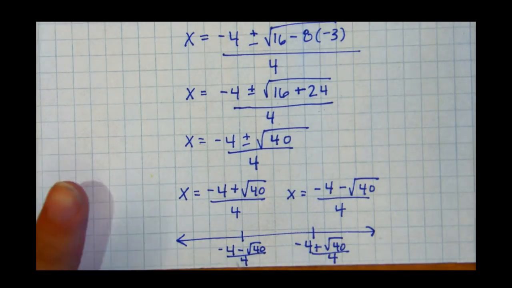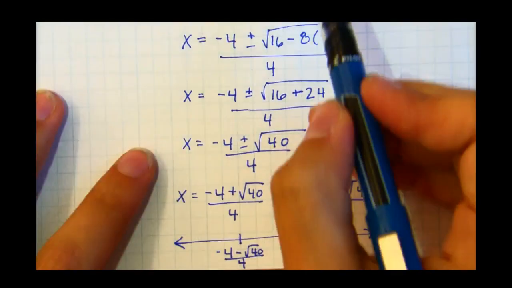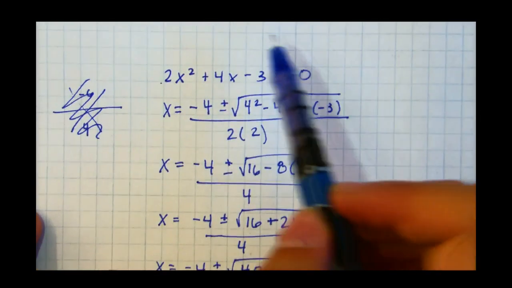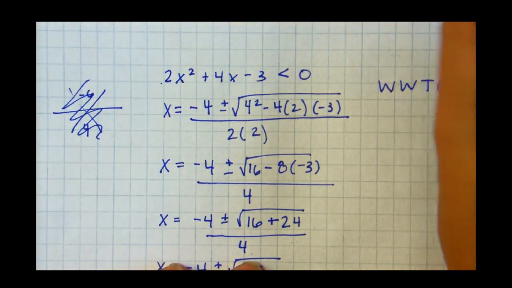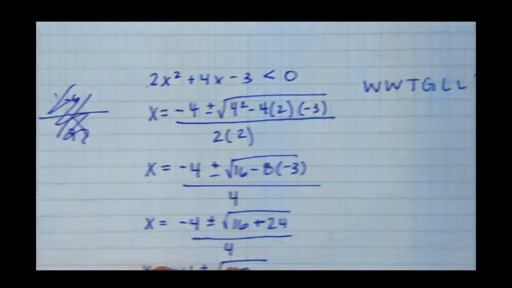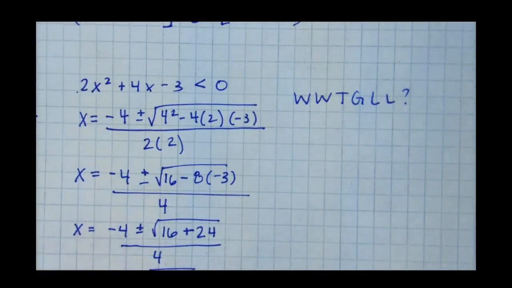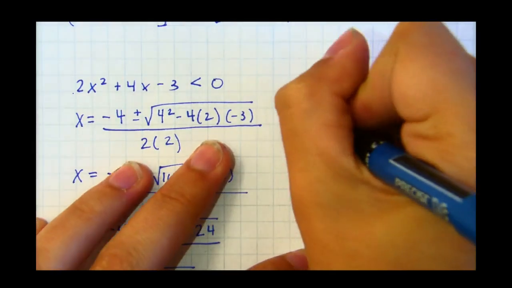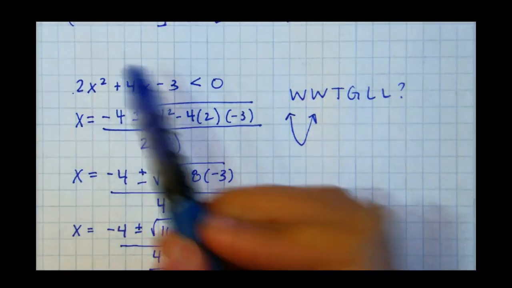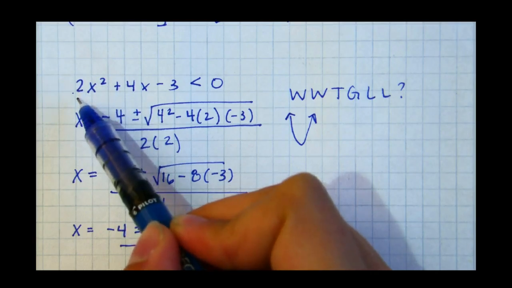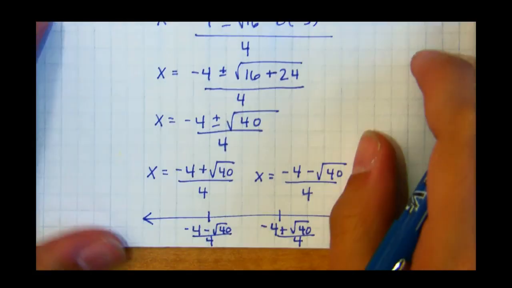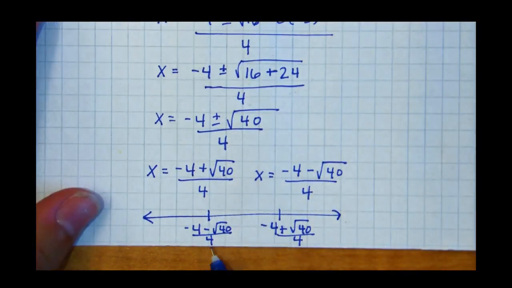So now I've got my solutions. I want to think back to this original function. What will the graph look like? Well, I know I have a parabola. I also know that it's facing up because of this positive 2. And I know that it has two real roots.